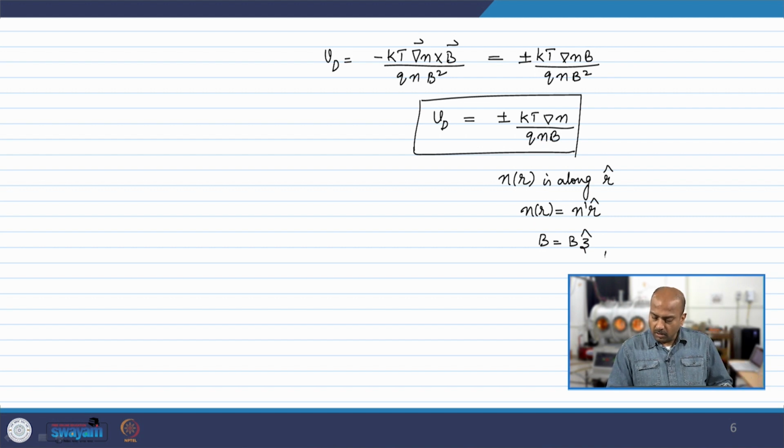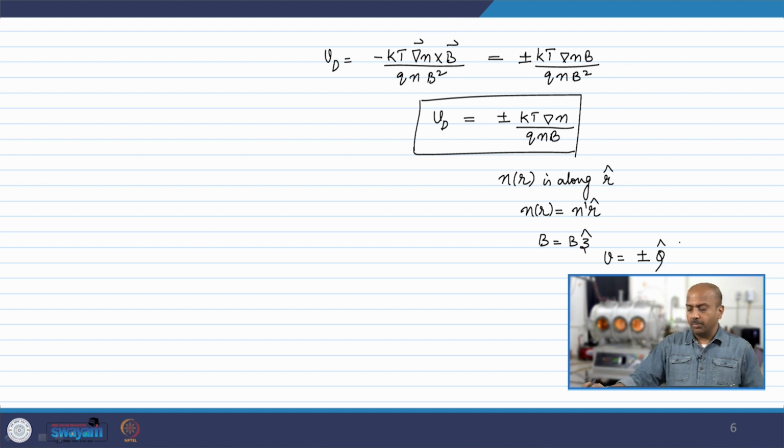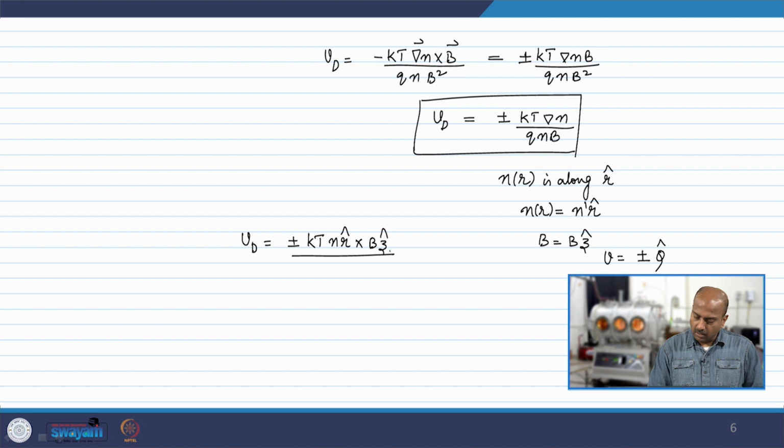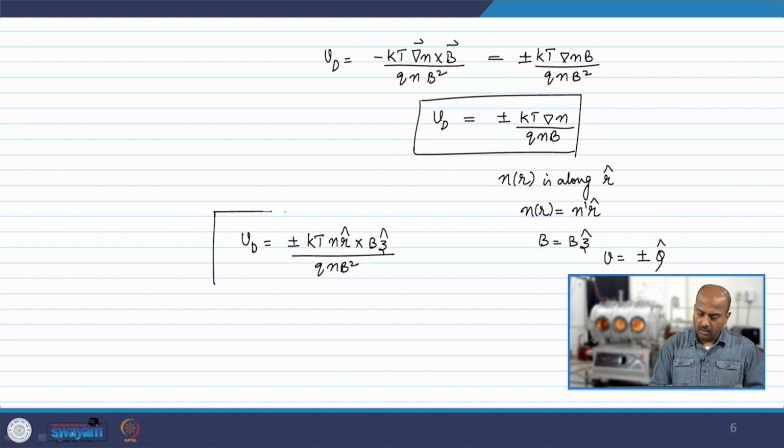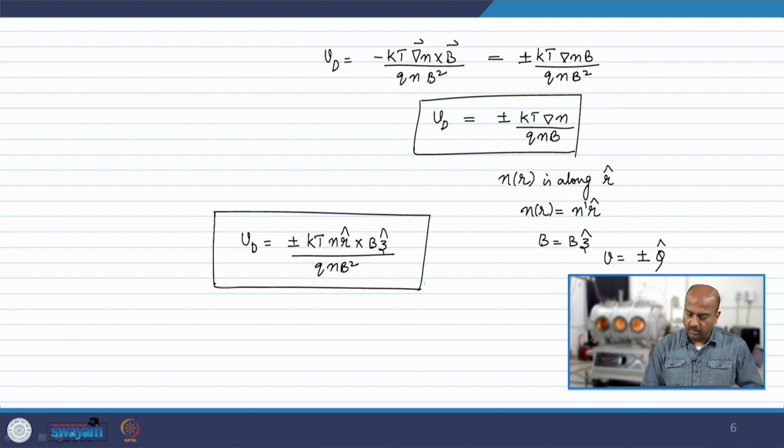So, the velocity, since it is a cross product of these two, should be plus minus along phi cap. So, using these directions in the diamagnetic drift velocity, we can write V d is plus minus k T del n r cap cross B z cap divided by q n B square, right. So, this is another way of writing the diamagnetic drift velocity.